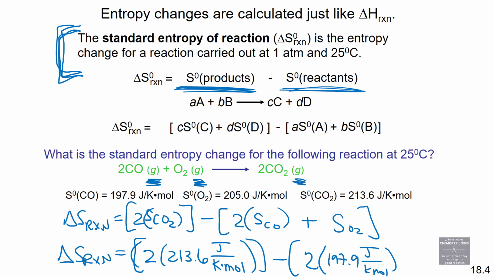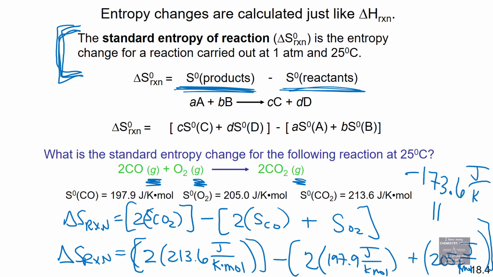That's Kelvin times moles, plus 205 joules per K-mole. And so it's add and subtract, and make sure you do your order of operations that you multiply first and all that kind of thing. I do that, and I come up with negative 173.6 joules per K-mole.